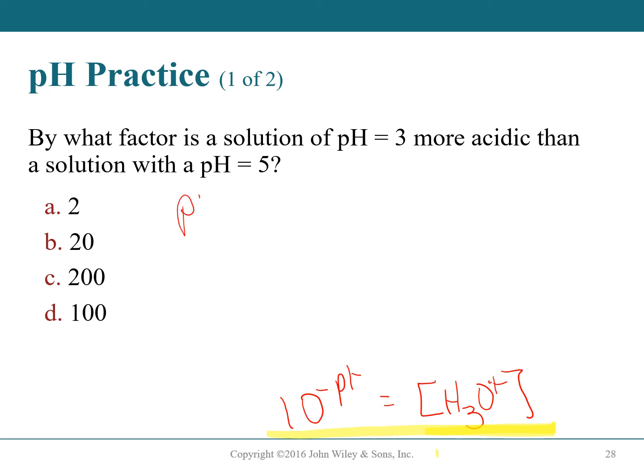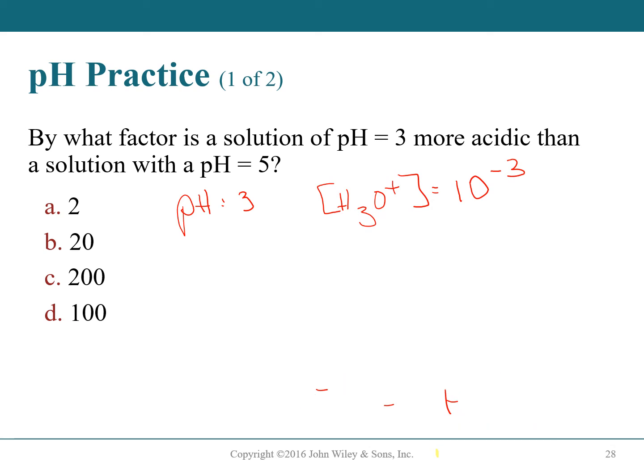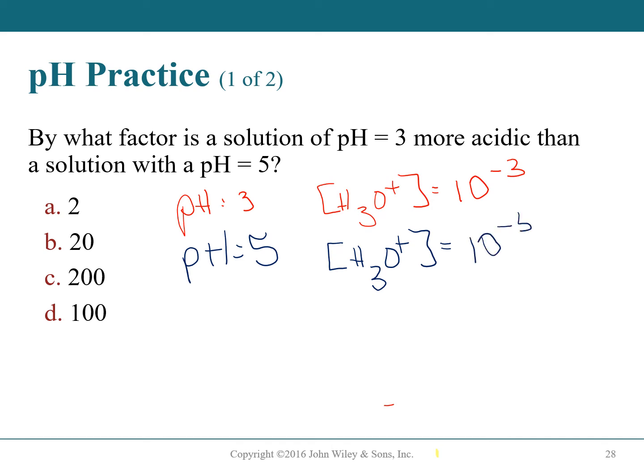At pH equals 3, the hydronium ion concentration is going to be equal to 10 to the negative 3. And at pH equal to 5, the hydronium ion concentration is equal to 10 to the minus 5.